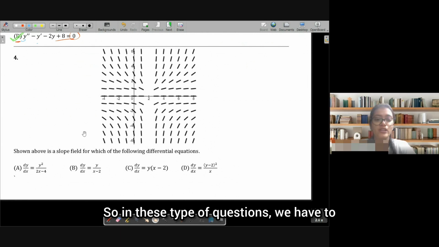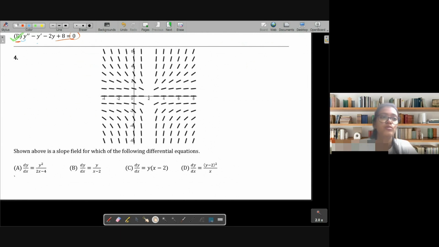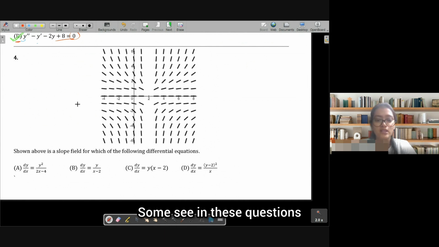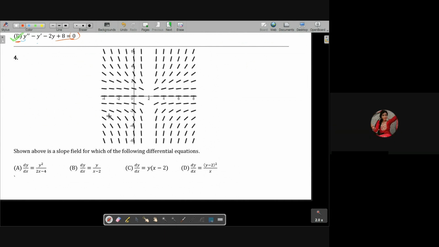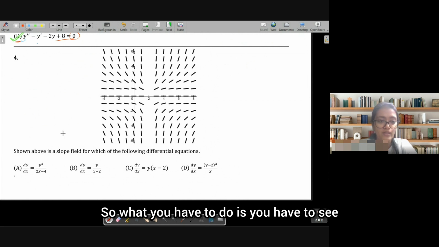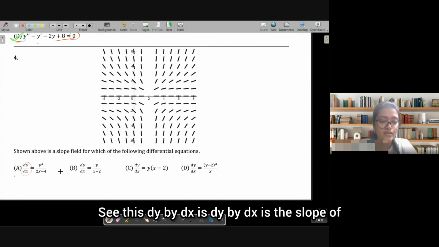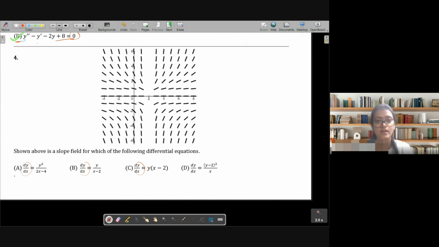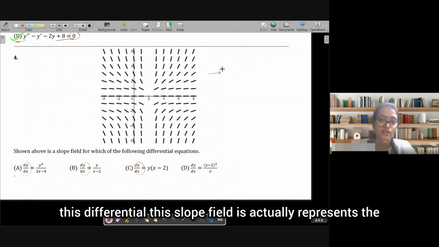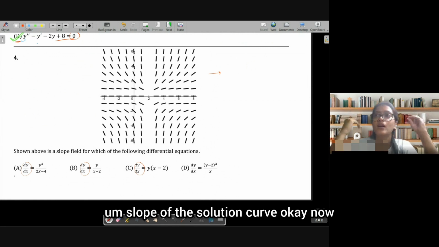So in these type of questions, first of all, the elimination method works very well. What you have to do is you have to see this dy by dx is the slope of the solution curve. This slope field actually represents the slope of the solution curve.